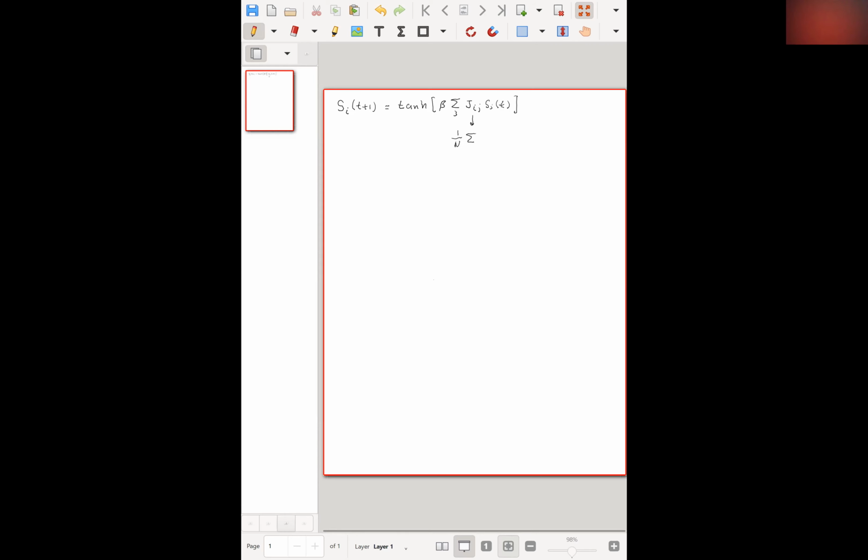So remember the J_ij, it's 1 over n, the sum on mu equals 1 to p, so p memories, of eta_i^mu eta_j^mu. Each of these etas is plus or minus 1 with probability of half, so these are binary random vectors.